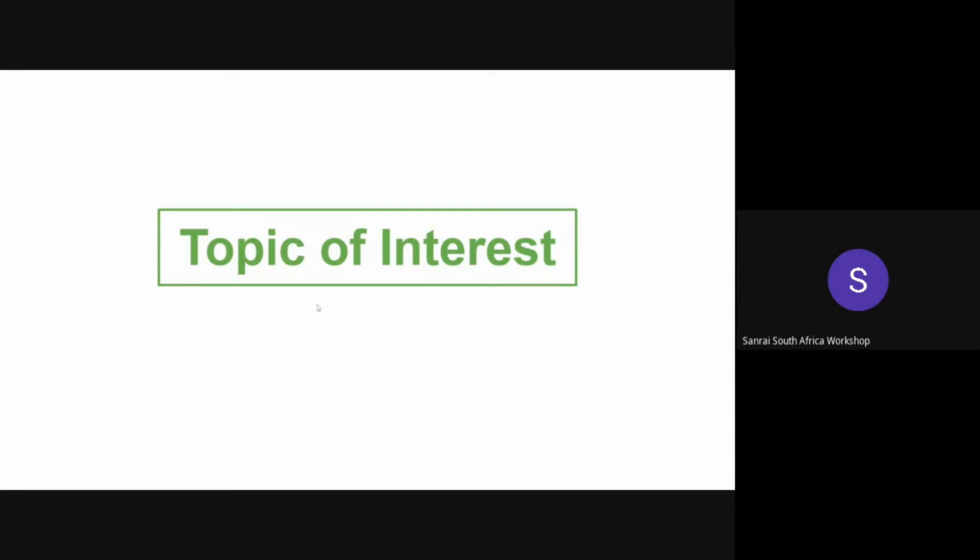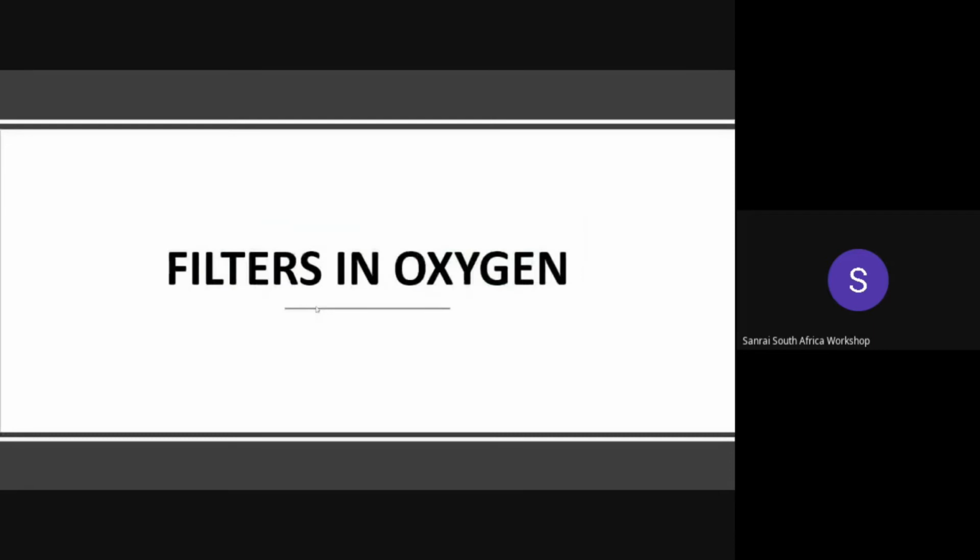As Mwabi has mentioned, we will be talking about the filters that we find in oxygen concentrators, in the stationary concentrators and also in portable concentrators. As we may all know, oxygen concentrators take in air from the environment where the machine is being operated.